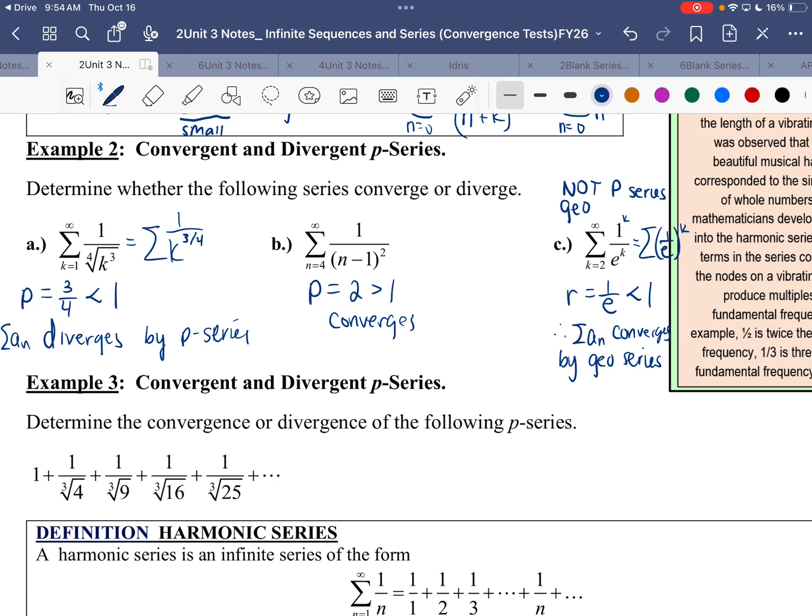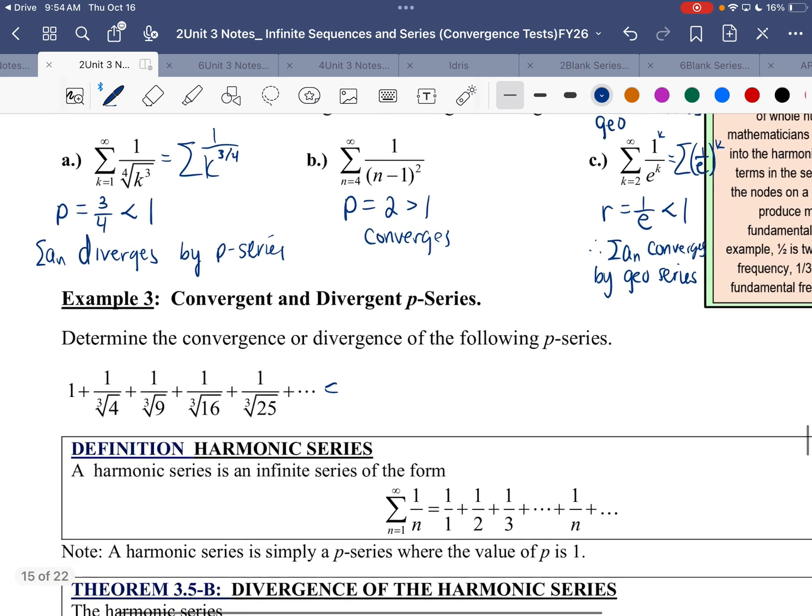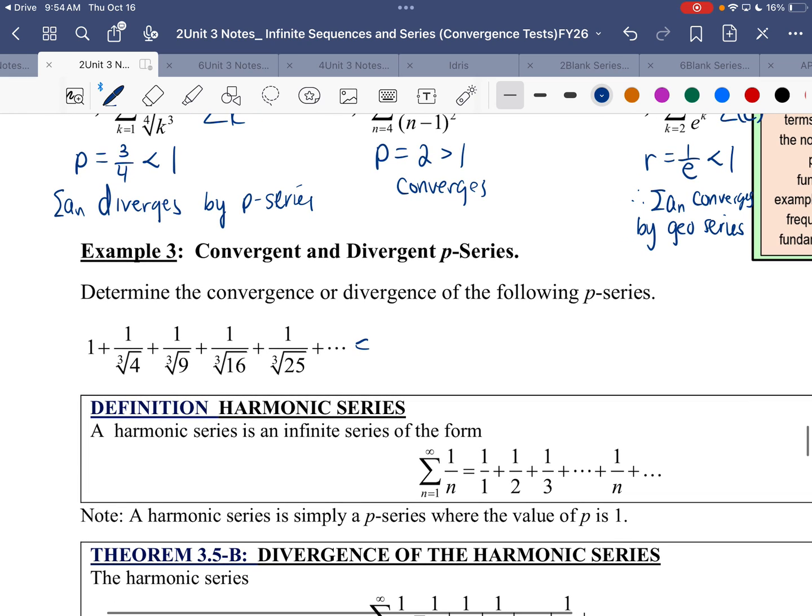Determine the convergence or divergence of the following P series. It's telling you a P series, but you might not recognize what is happening. So let's write the series. First, maybe rewrite it like this is n equals 1, this is n equals 2, n equals 3, n equals 4, n equals 5.